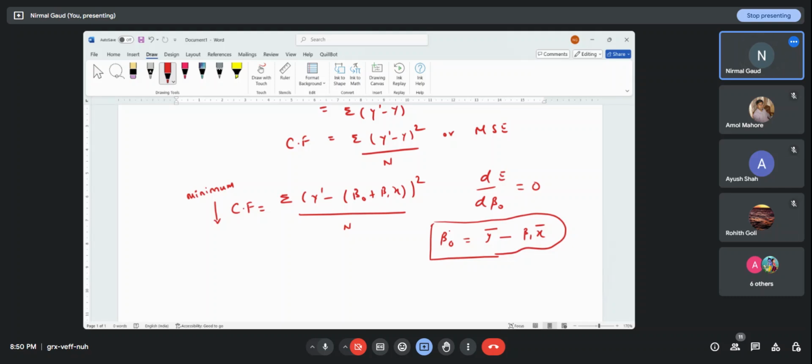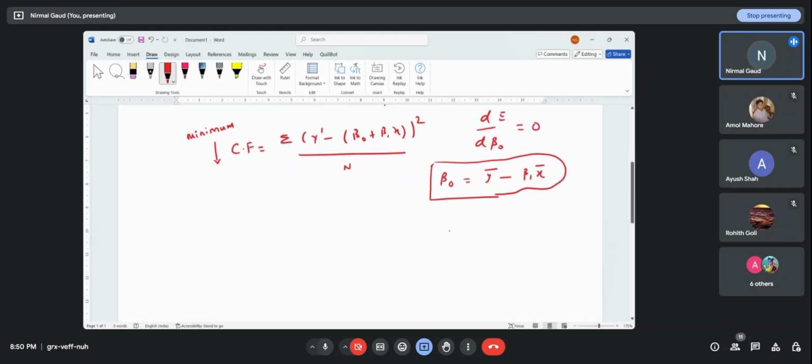So let's again take this error equation, E equal to 1 by n summation y dash minus beta naught plus beta 1 x whole square. Differentiate it with respect to beta 1.